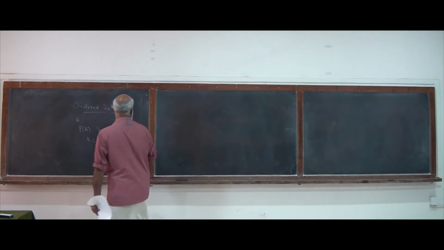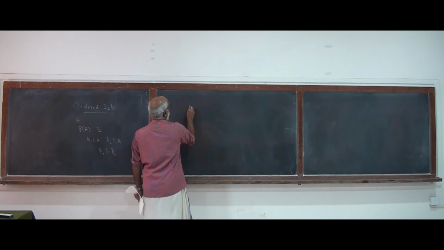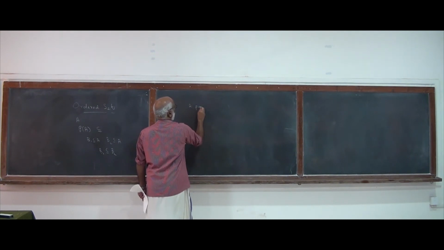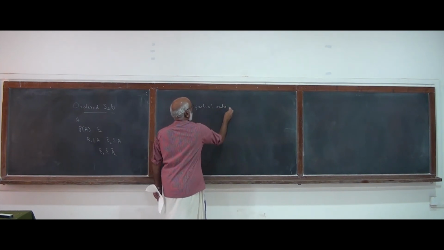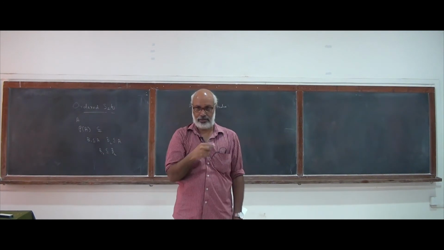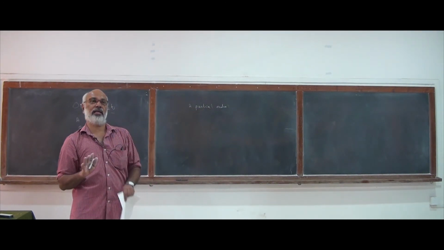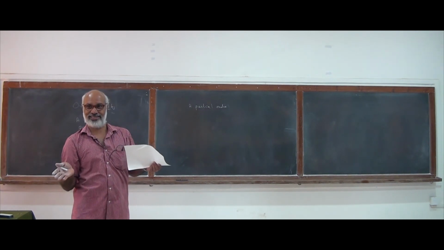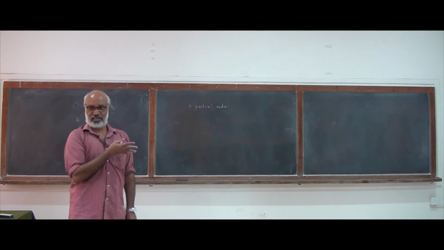So first let me define a partial order. There are, in fact, several types of order structures. One type is called partial order. So, let me define it.